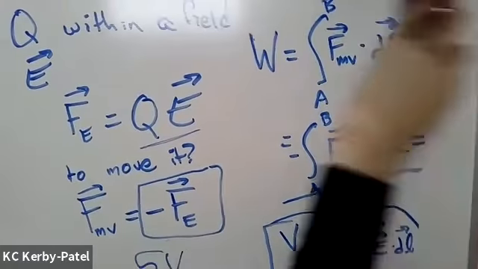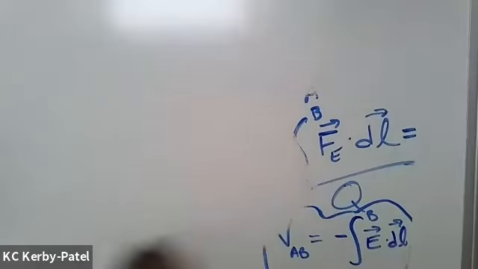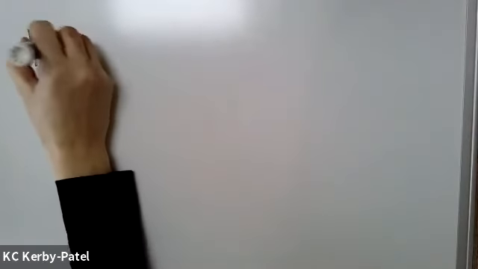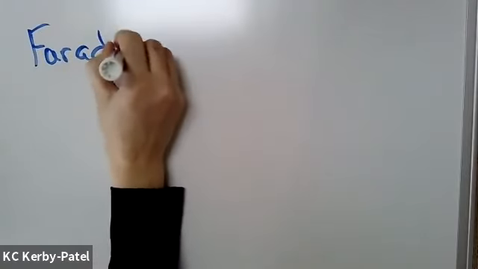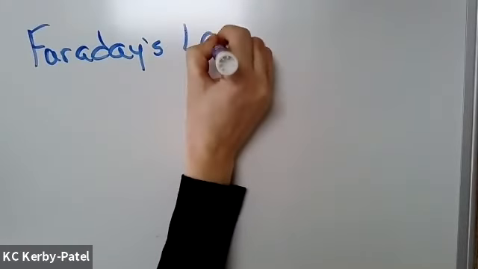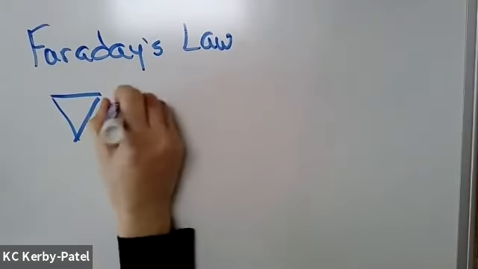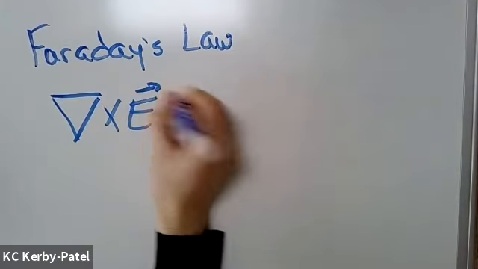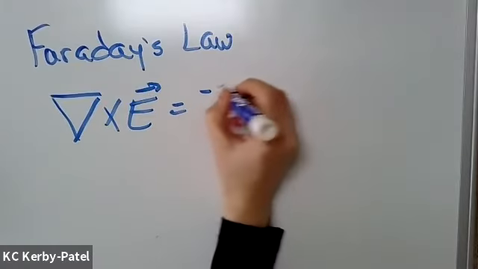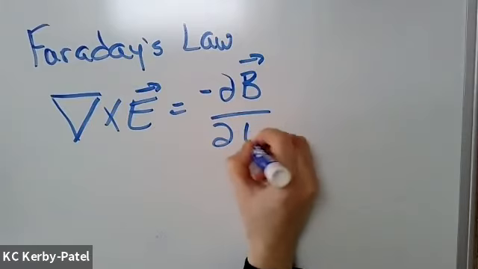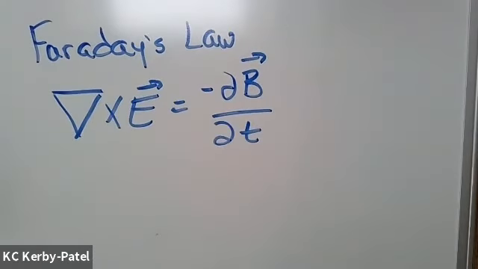We're going to spend more time on a specific one of Maxwell's equations in the next chapter, but I want to introduce you now to Faraday's law. Which is that the curl of the electric field is equal to minus the time derivative of the magnetic flux density.